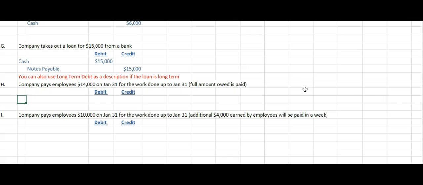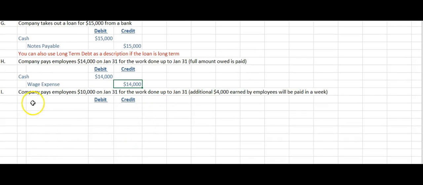So if you pay in cash, cash goes out, right? $14,000. And wage expense is $14,000. That one is easy, right? Very straightforward. It says the employee earned $14,000, so you pay it and you record it as an expense, right? The full amount owed is paid.